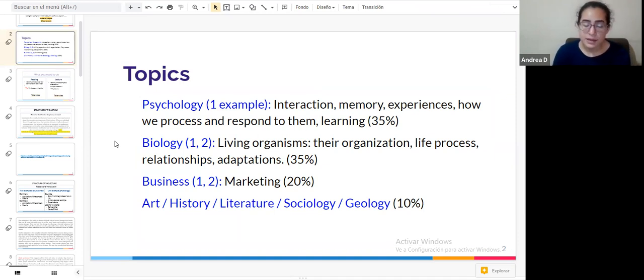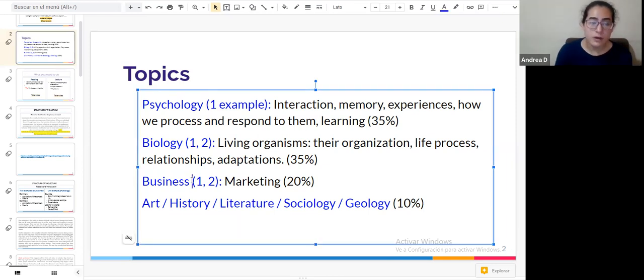So if it's camouflage, you're going to have an example of an animal or 2 that use this mechanism, or maybe 2 plants that hide themselves, whatever. And if it's business, the same, maybe the example of a company that uses that technique, right? So try to catch those examples.